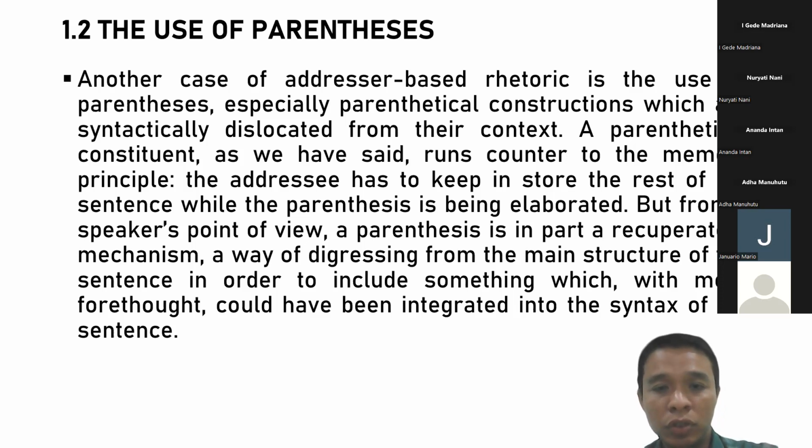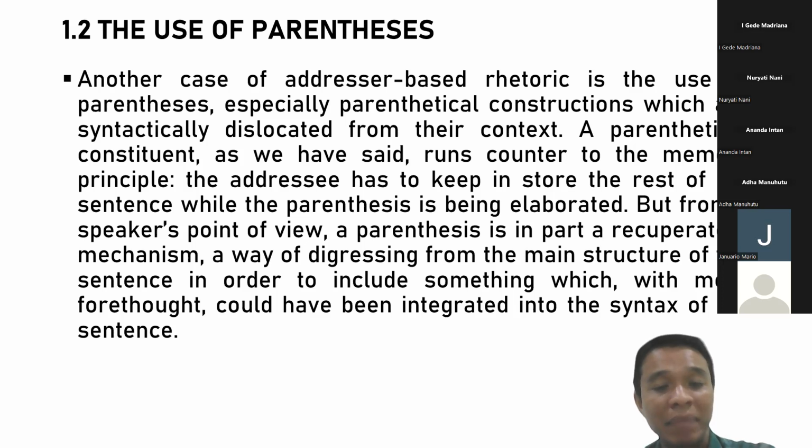Once again, I'd like to emphasize that it is used by the speaker to run counter to the memory principle that the addressee has to keep in store. Okay, there is the speaker and hearer. Addressee and addresser have to keep in store the rest of the sentence while the parenthesis is being elaborated. However, from a speaker's point of view, a parenthesis is in fact a recuperatory mechanism.